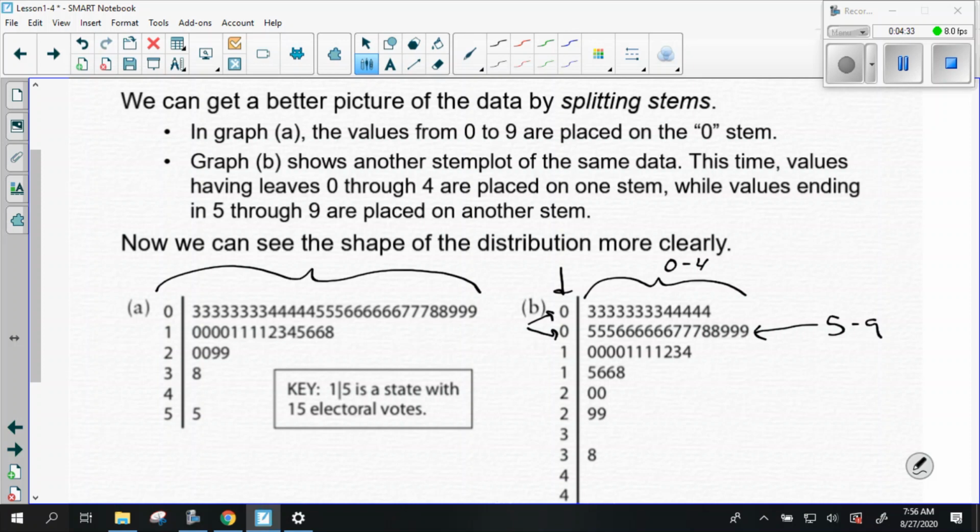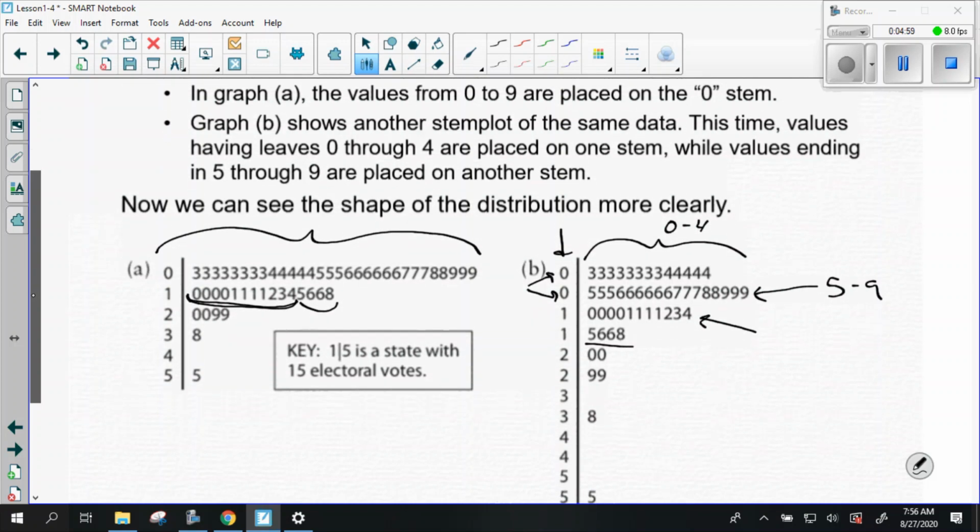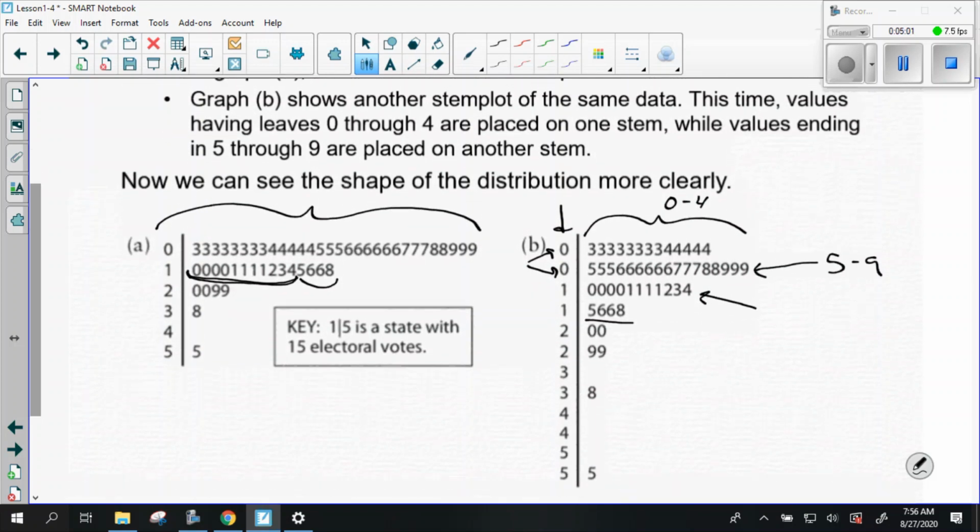They took this data here and cut it off right there, so this piece is that leaf, and what's left, the 5 through 9 values, becomes this set of leaves. That is how we would split the stems of a stem plot. Fantastic.